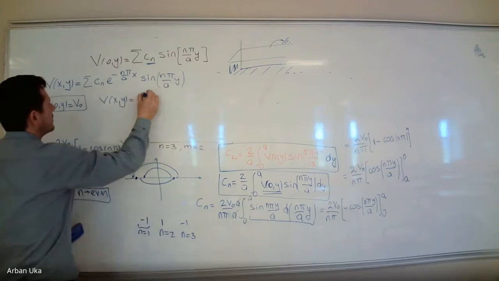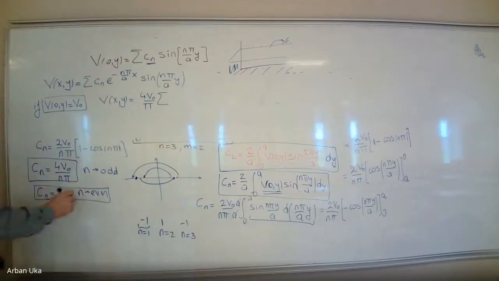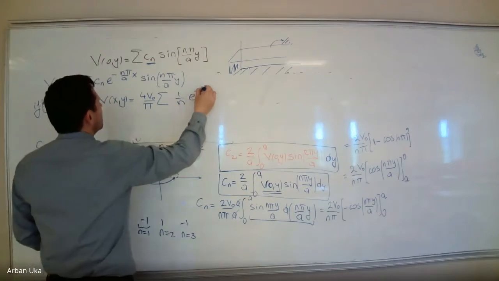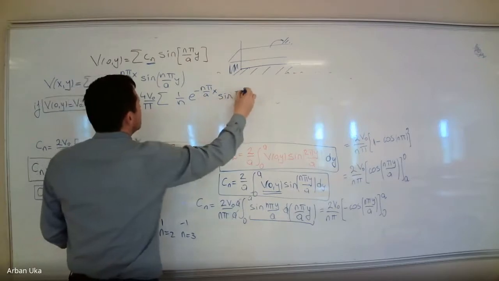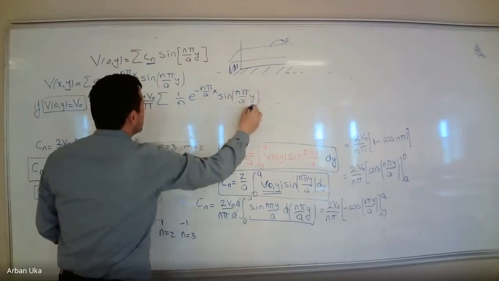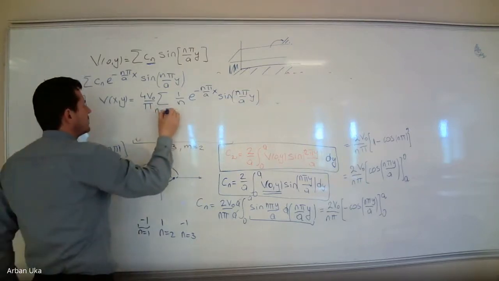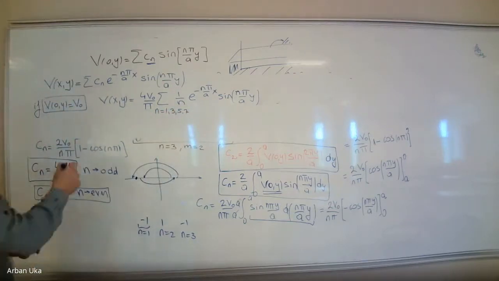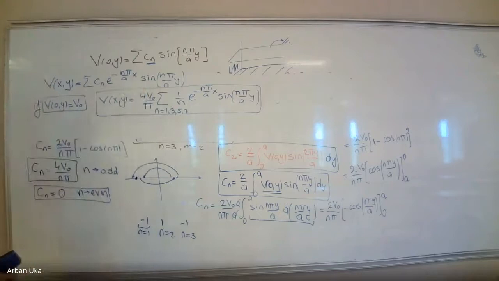So we can write here 4v0 divided by pi, summation over n of 1 over n times e to the power minus n pi over a x sine n pi over a y. But this is true only for n odd numbers, when n is equal to 1, 3, 5, 7, and so on. And the rest are all equal to 0. So apparently, this is, let's say, the complete solution of this problem that we are working.